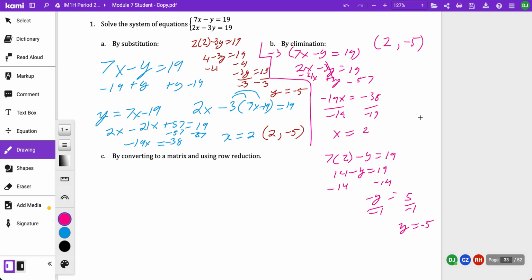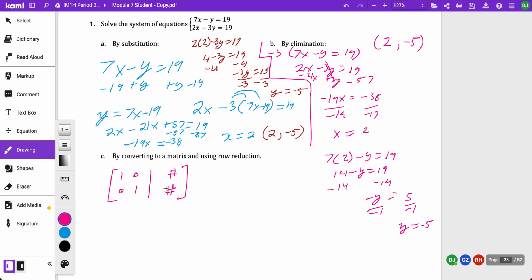All right, so we basically just did that to make sure we got the correct answer. And now we are going to solve using row reduction. It's been a long time, so if you remember, what we are trying to do is get ones in these spots. This bar represents the equal sign, and these numbers will be the solution.